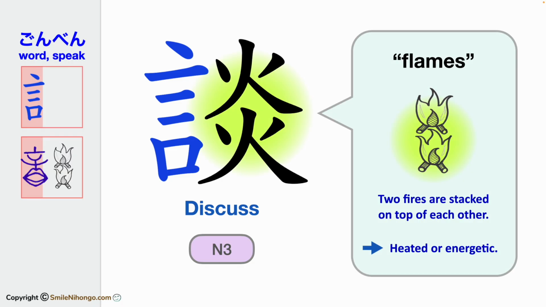The right part shows two fires stacked on top of each other, symbolizing flames. By extension, this element also represents something heated or energetic. You can remember this kanji as a lively and passionate exchange of words, like a heated conversation. Over time, the kanji evolved to mean to discuss.